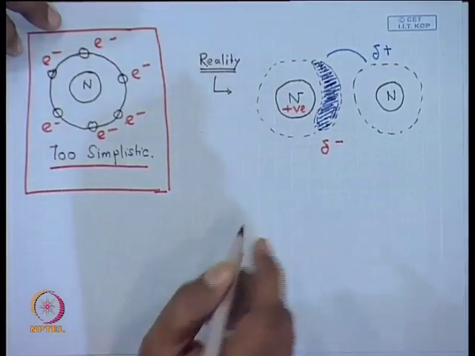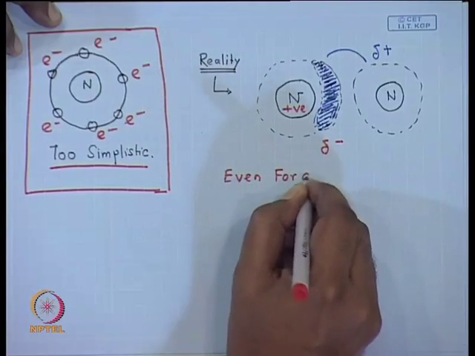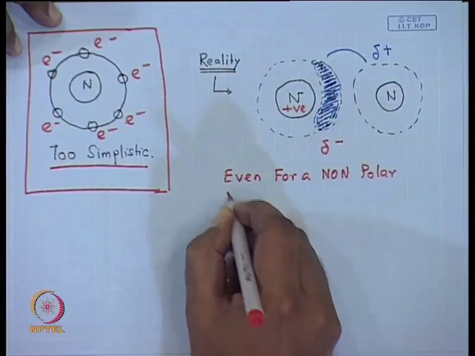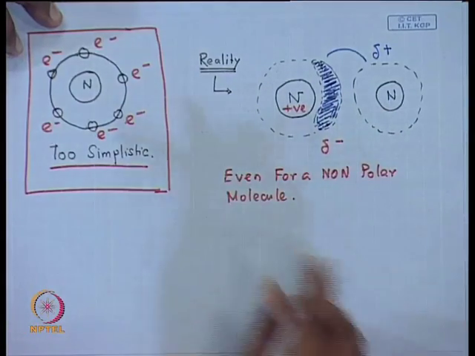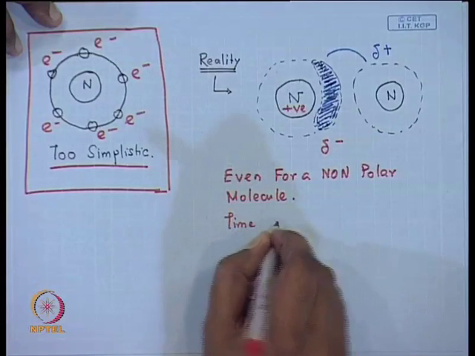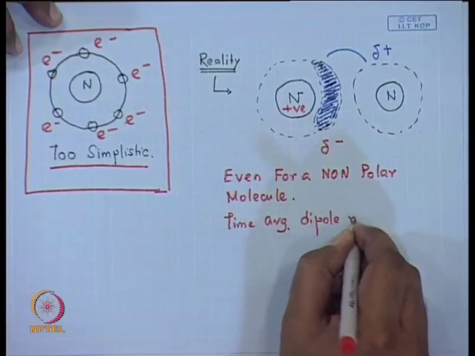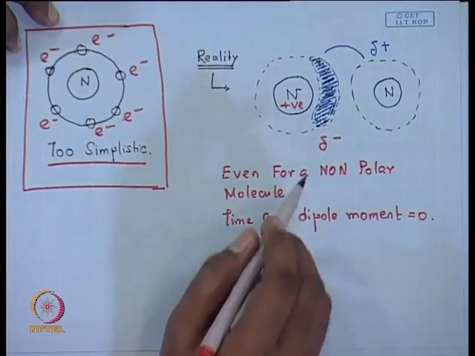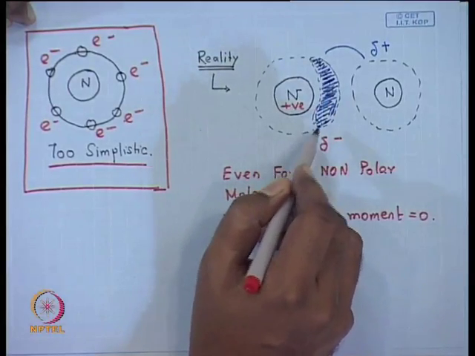So, even for a non-polar molecule, this is very important, which can be characterized by the fact that the time averaged dipole moment is equal to 0, at any given instance of time there can be a localization of the electron cloud.